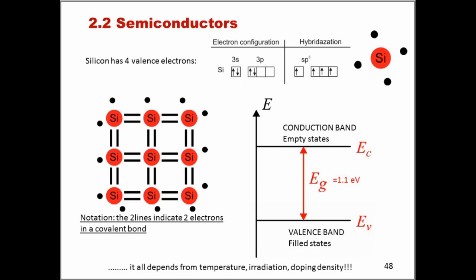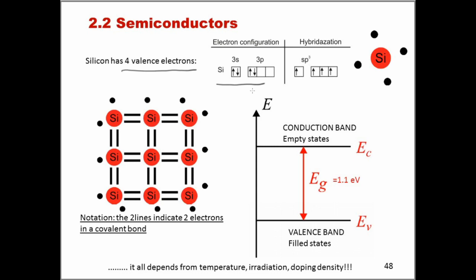So silicon, as we said, has 4 valence electrons, which means that if we take silicon on its own as an atom, the electrons will be arranged in this way, so 2 electrons in the s orbital and 2 electrons in the p orbital.